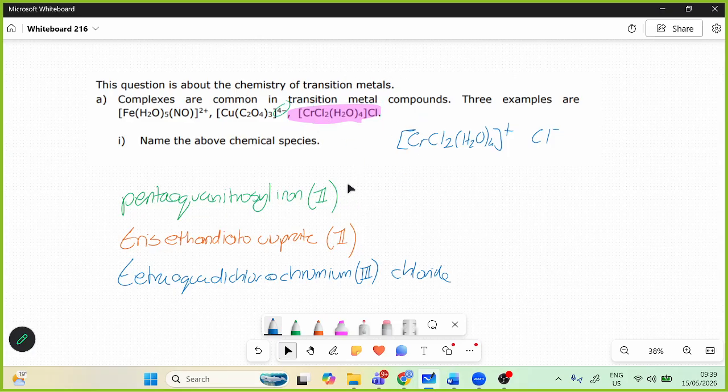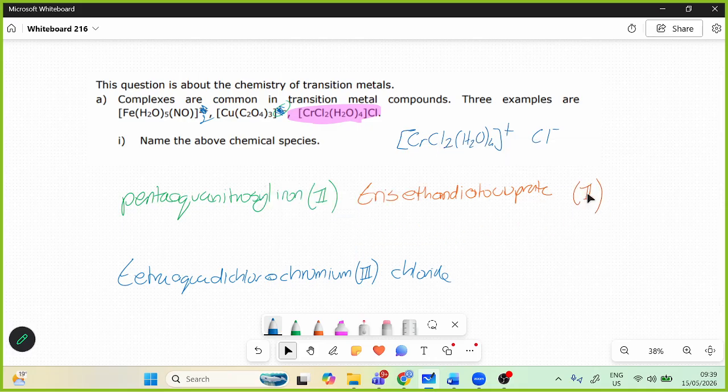If he really wanted to be nasty, he could have given you this as one molecule, as one compound, and then you just write them together. But he's not that nasty. You're just dealing with ions for the first two, and the last one is a compound.